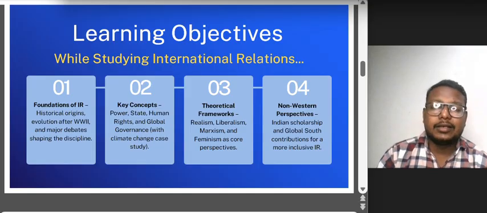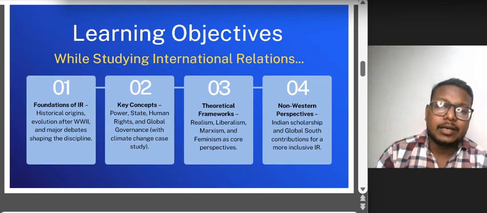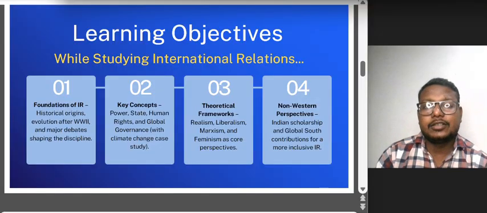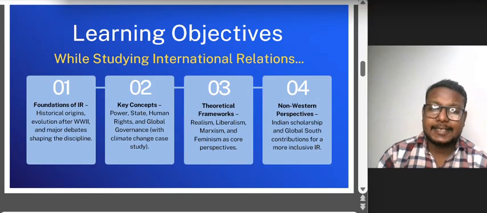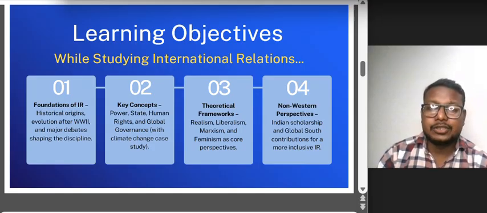These theories, like realism, liberalism, Marxism, feminism, shaped how scholars understand global events and relationships between states. Over time, as new ideas and critics developed, debates within IR challenged older perspectives. Through debates, the discipline built its own identity and way of seeing the world, what we call its self-image.